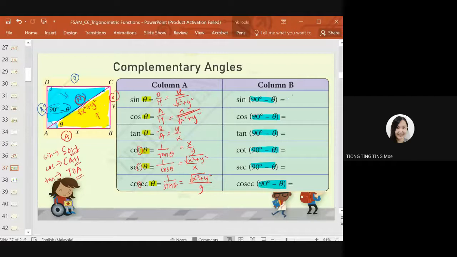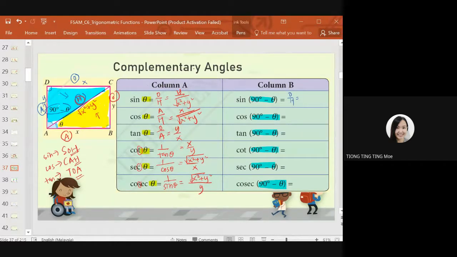Sin is opposite over hypotenuse. This opposite over hypotenuse is different from the one just now. DC is x because it is a rectangle, so label x and y first. You see, the opposite is different from the earlier condition, so we have to draw well.